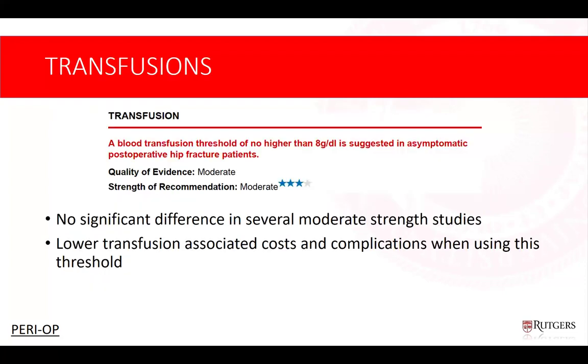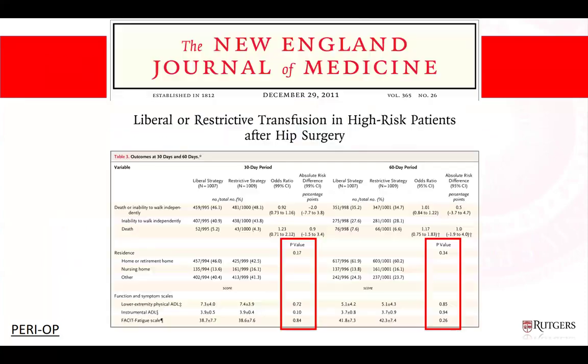In terms of transfusions, I'll just mention really quickly, they recommend a threshold no higher than 8 grams per deciliter in asymptomatic postop patients. There was no significant difference between liberal versus restrictive transfusion limits in several studies. This one, in 2011, was published in the New England Journal of Medicine. It was called the FOCUS trial.